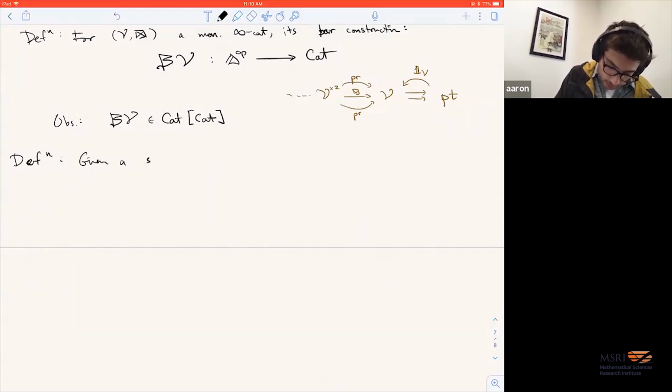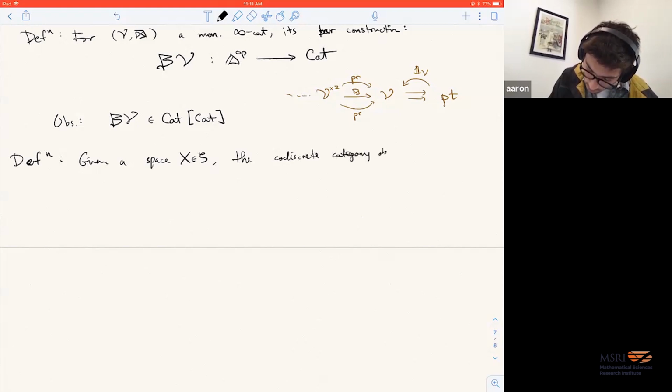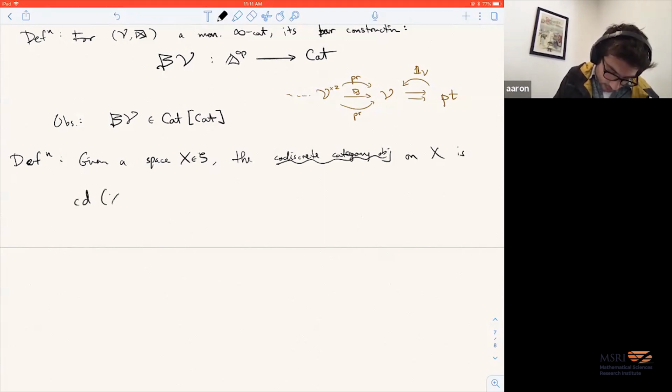Given a space X, the codiscrete category object on X is CD of X.